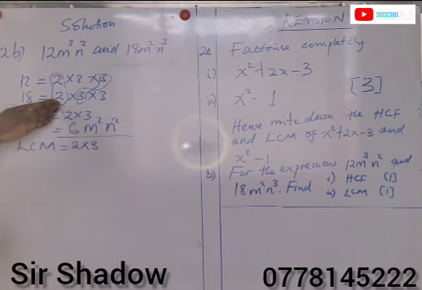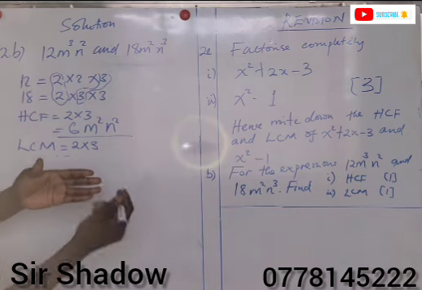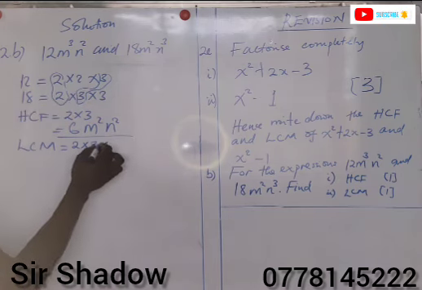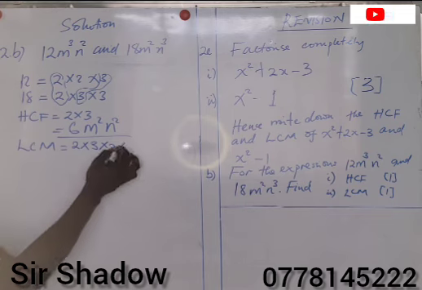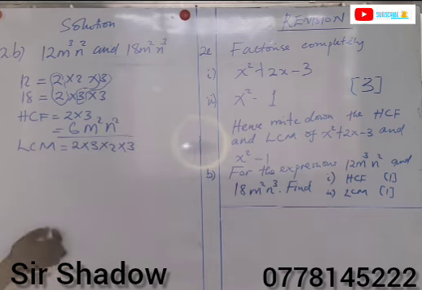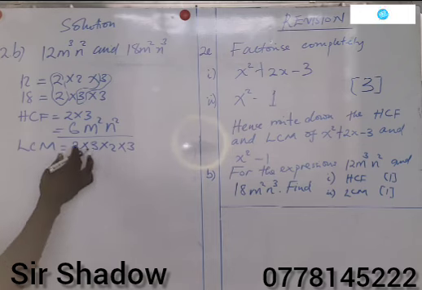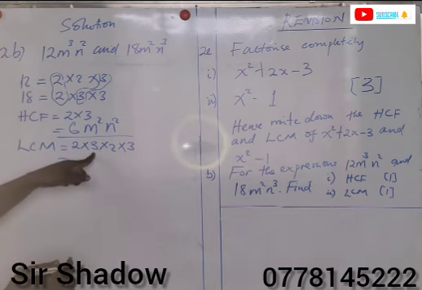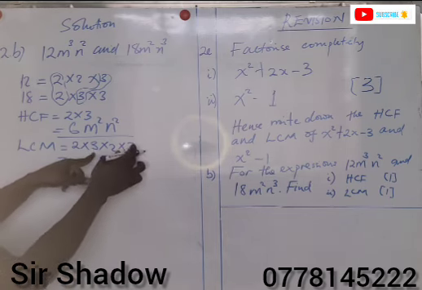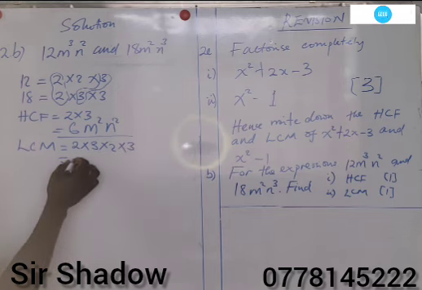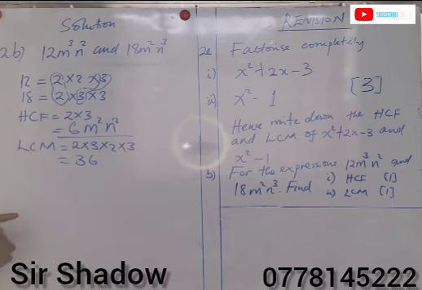We have 2 times 3 which is common. Then we have the leftover factors, times 2 here, times 3 here. 2 times 3 to get 6, 6 times 3 to get 18, times 2, 36. We get 36, all right?